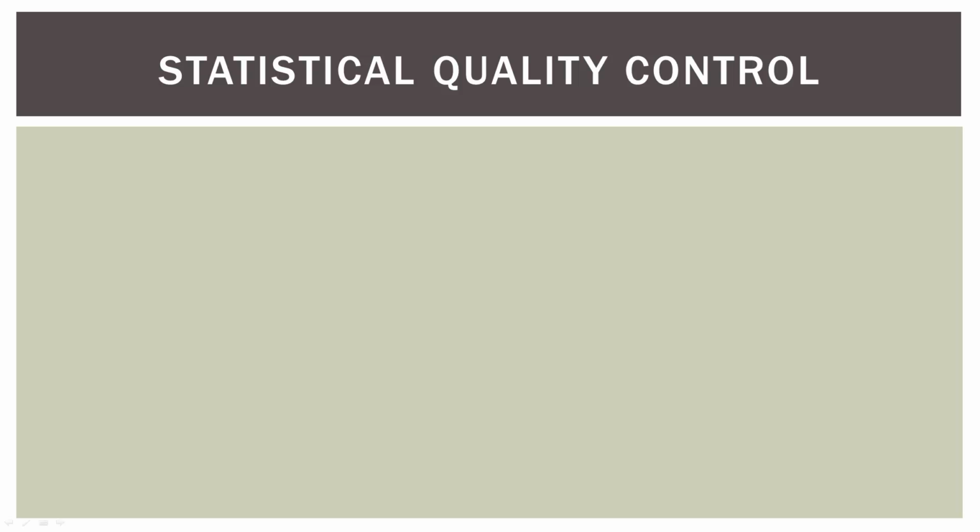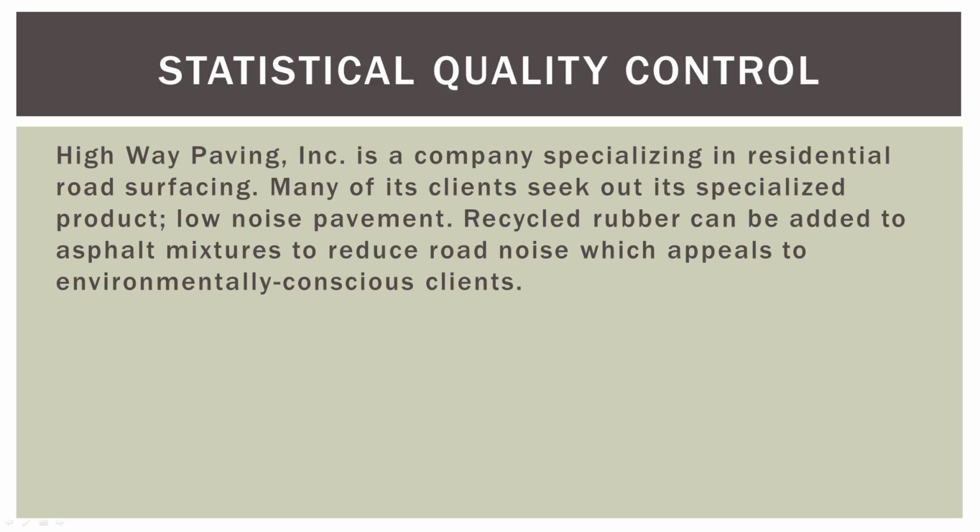Let's run through this example really quickly because it's the same one we used in the point estimation video, so I won't go into a whole lot of extra explanation. We have a company called Highway Paving that specializes in residential road surfacing, so road surfacing in neighborhoods. Many of its clients seek out its specialized product, low noise pavement.